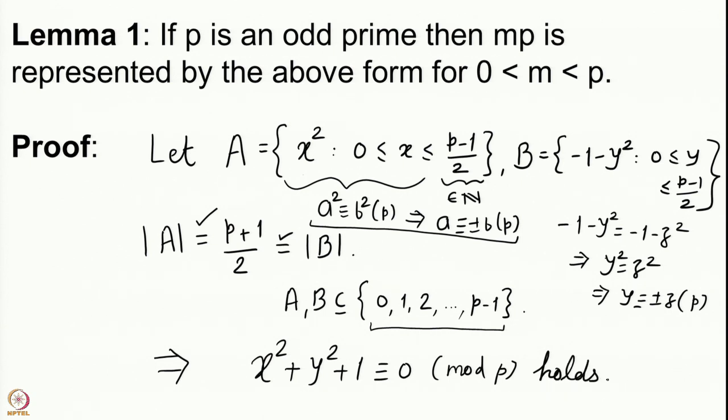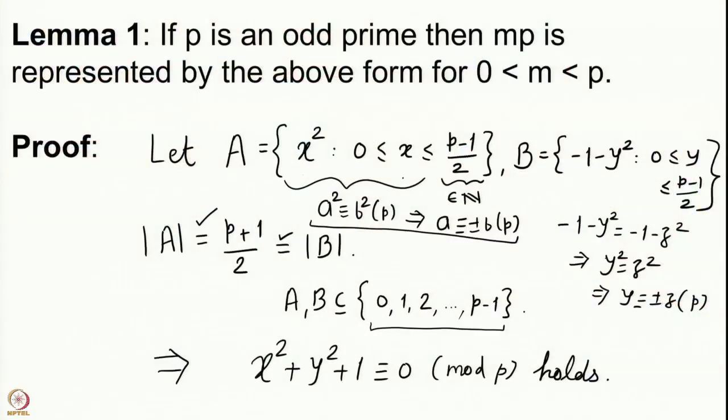So, we have proved that if you treat x and y as variables and consider the equation x square plus y square plus 1 congruent to 0 mod p, then this equation has a solution over Z by pZ, over the set of all congruence classes modulo p.